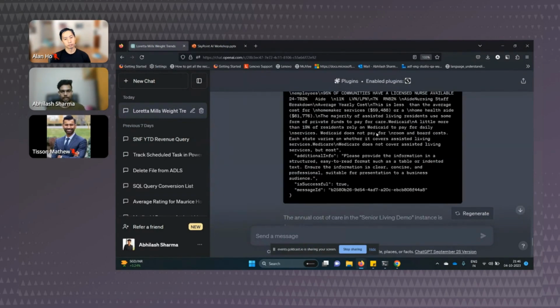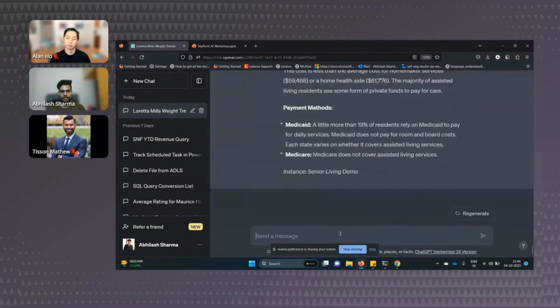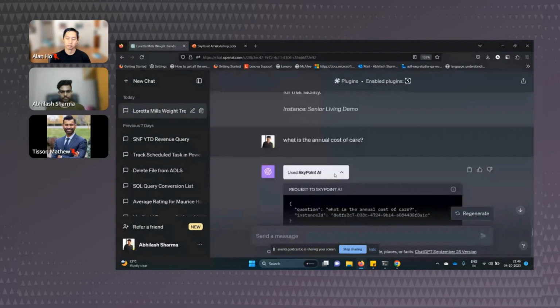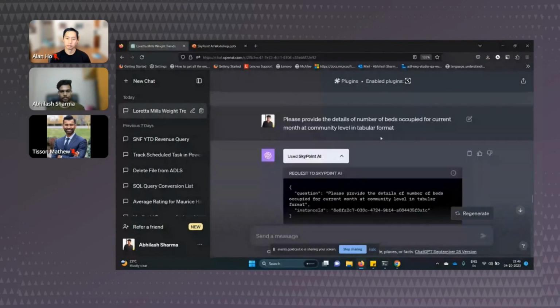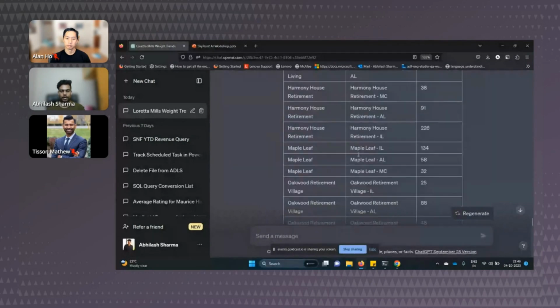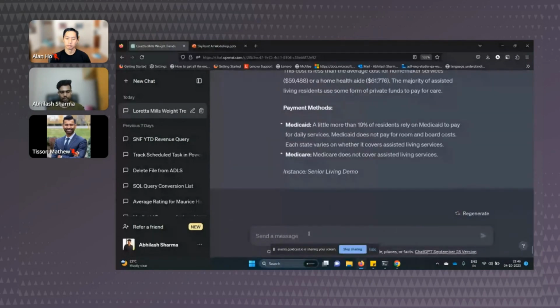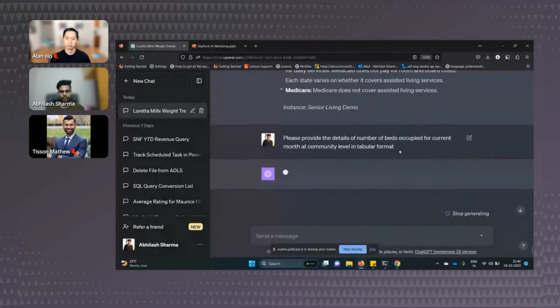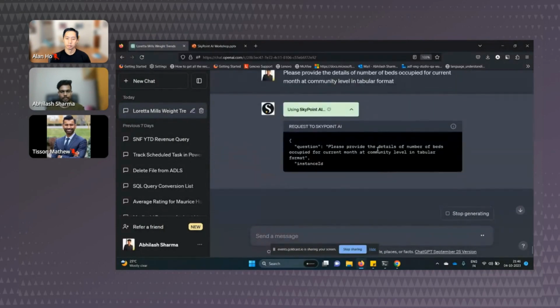So let's start with a structured example. If I take a very simple prompt, like what is the number of beds for each community for a senior living operator? I'll just fire this query. As you can see, the query is passed to SkyPoint AI, which is right now doing the planning phase, basically deciding which data source can answer this query.